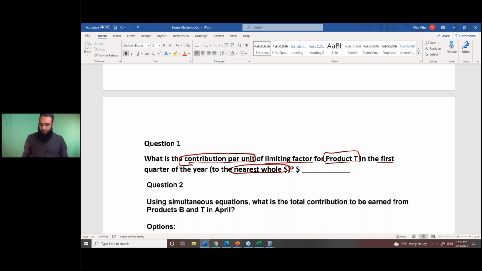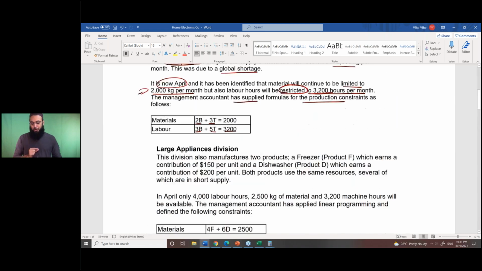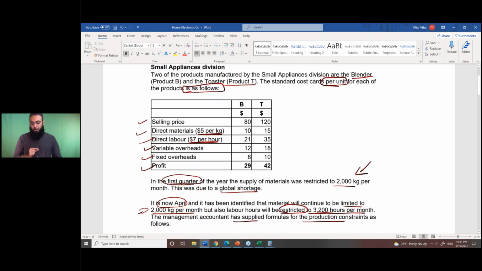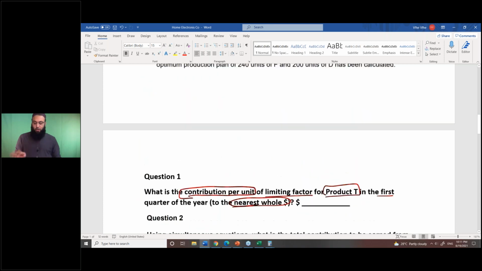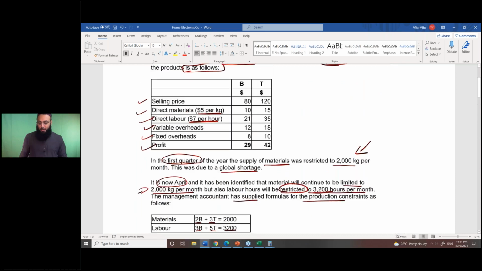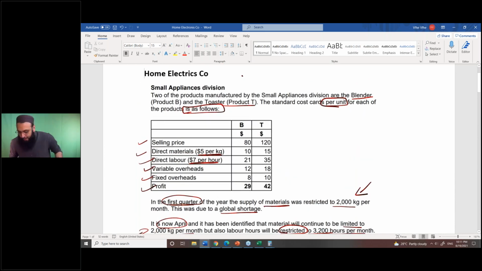Now, do remember, in the first quarter, the limiting factor was material only. So they need us to work out the contribution per unit of limiting factor. It's not a very difficult working, to be honest.